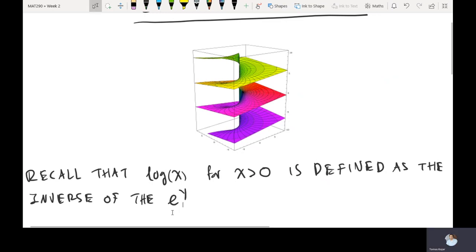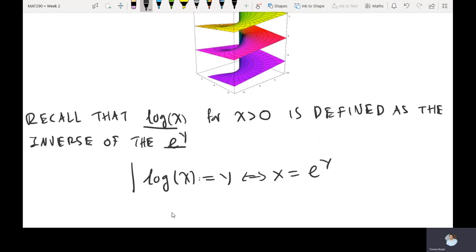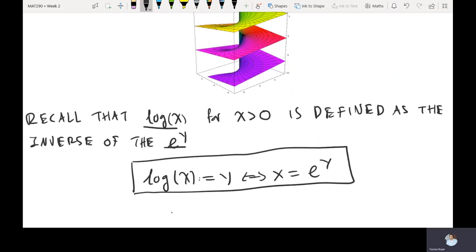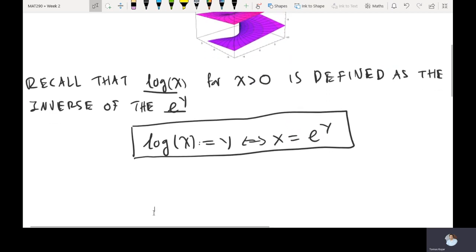What does that mean? So log of x is equal to y if and only if x is equal to e to the y. Okay, so that was the situation for x in the reals.